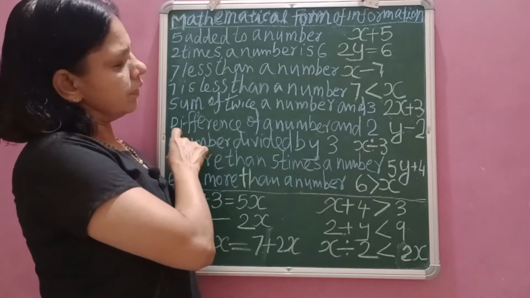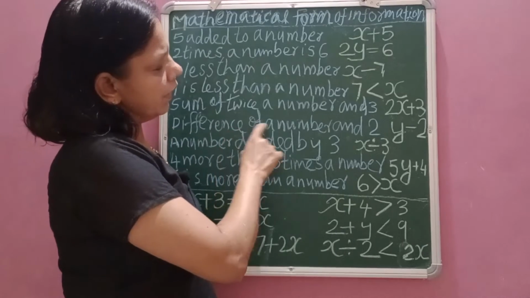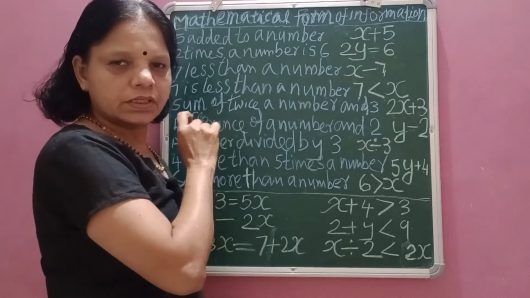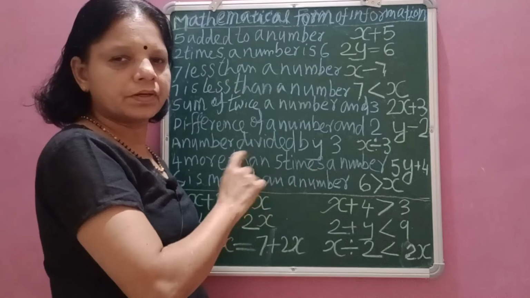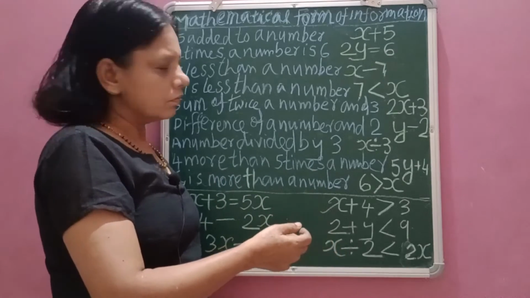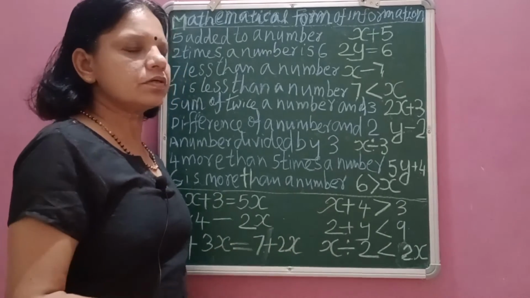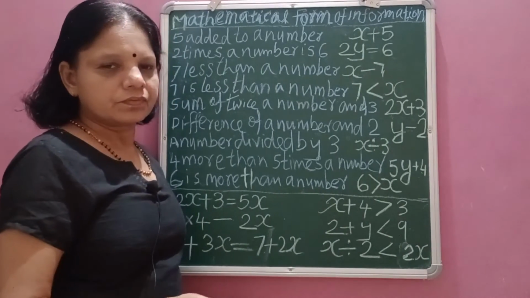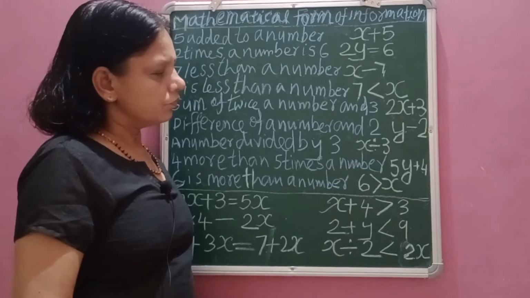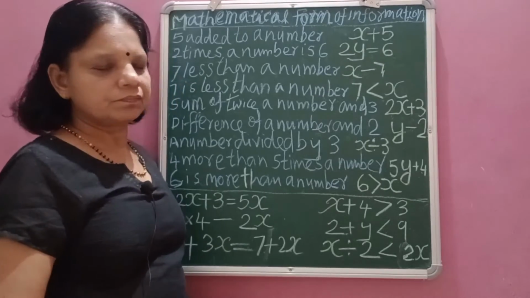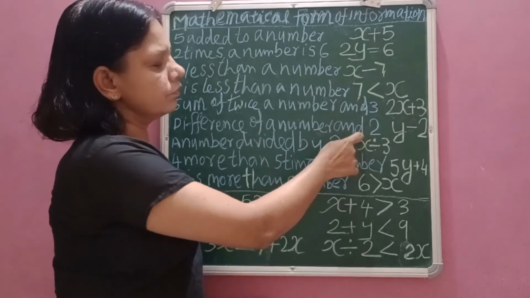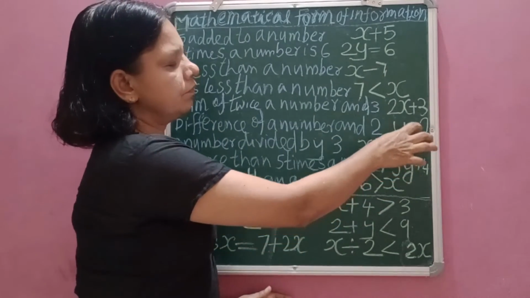Next one, difference of a number and 2. It is not mentioned which number is larger or smaller or which is to be written first. If y is the unknown number, the difference of the number and 2 is written as y minus 2.